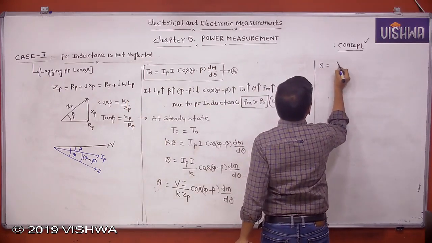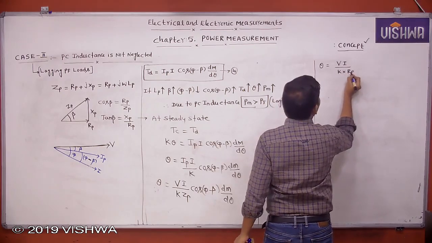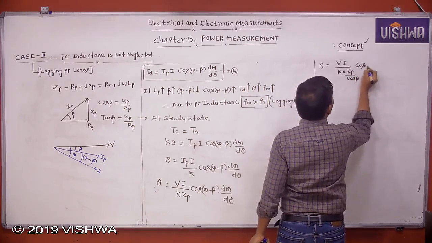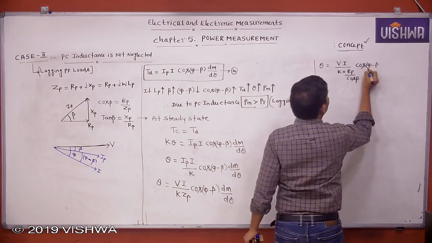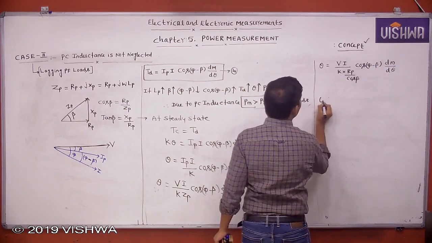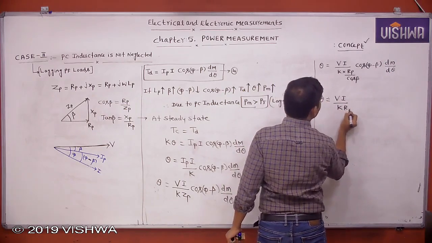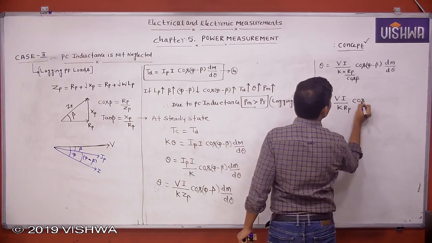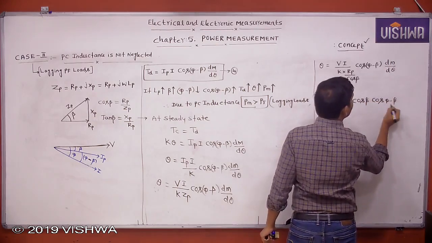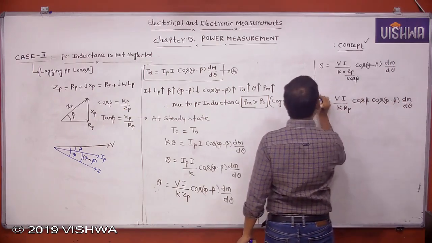Theta equals VI by K RP by cos beta into cos of pi minus beta into dm by d theta. So theta equals VI by K RP, cos beta into cos of pi minus beta into dm by d theta. This is the expression for theta.